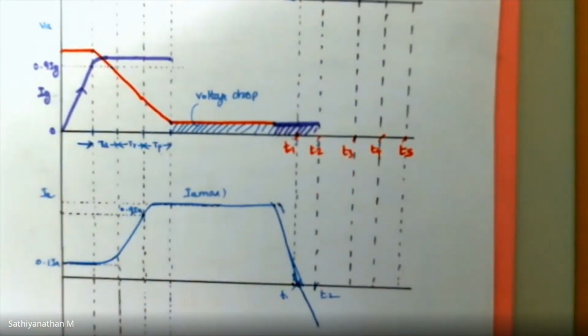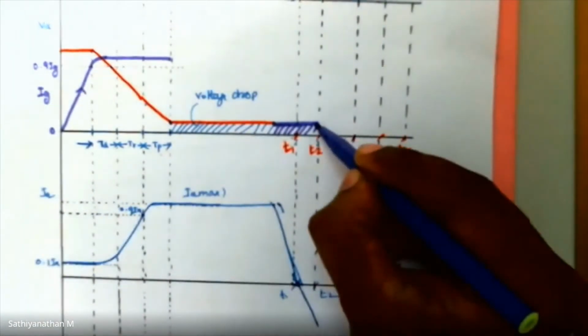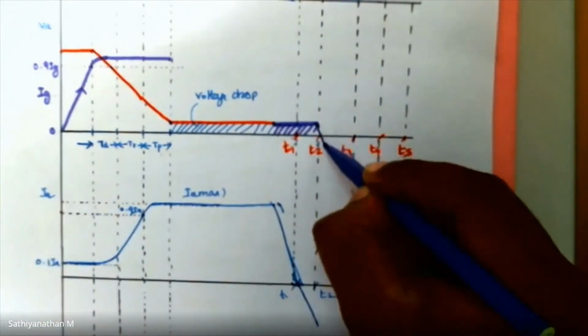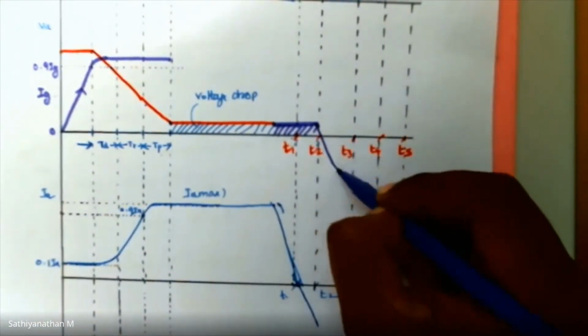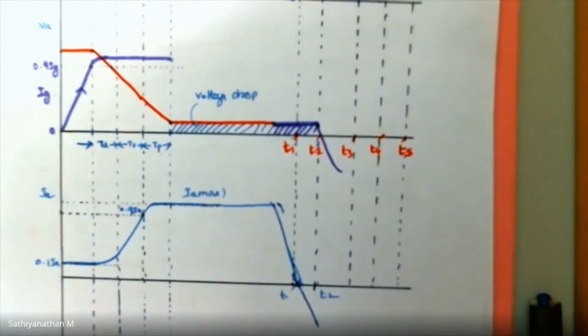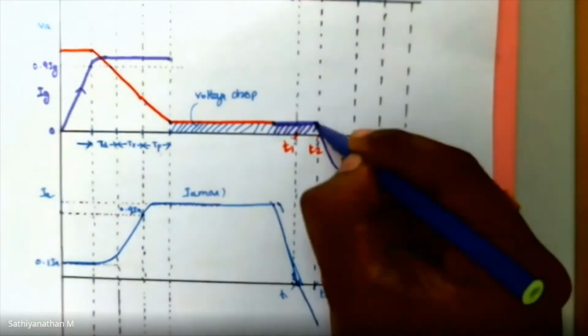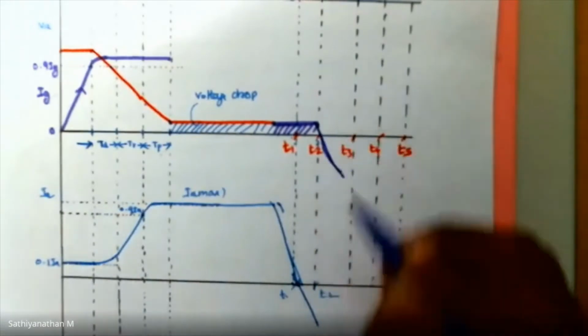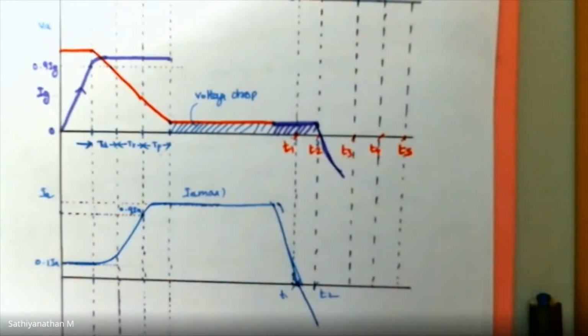If you measure the voltage during this interval, you always have some minimum negative potential. Still the device is in conduction, so the electron-hole recombination does not fully occur during this interval. So you always have some negative direction current as well as a small negative voltage across the device.